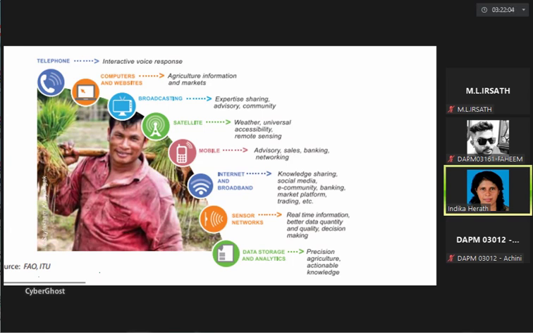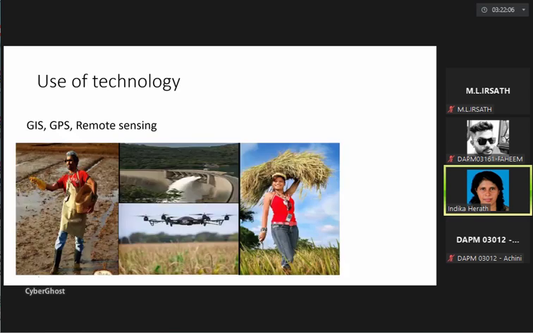And there is another topic that is a bit lengthy. Yes, this is GIS and GPS technologies. GPS can be used to estimate the yield, and these kinds of machines can be used to identify the characteristics of land.